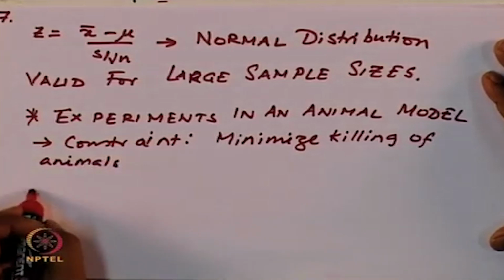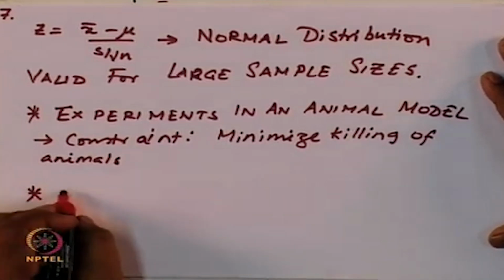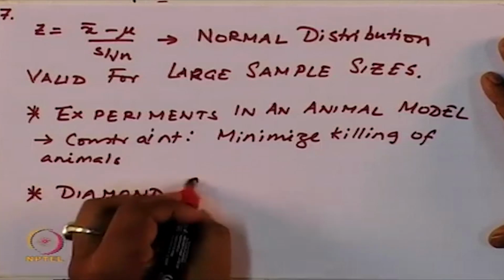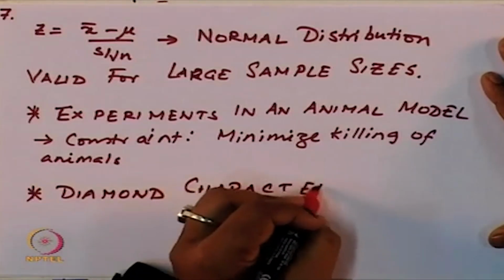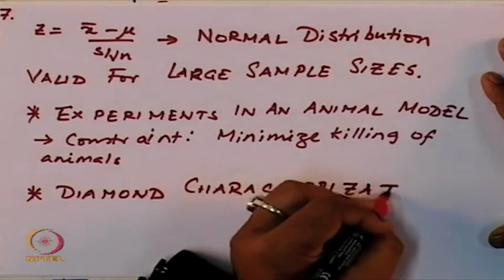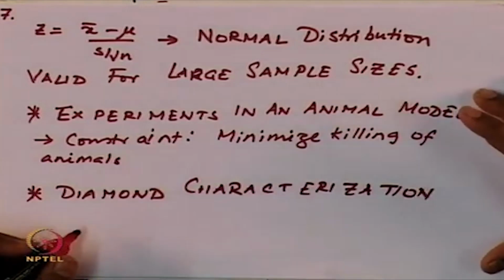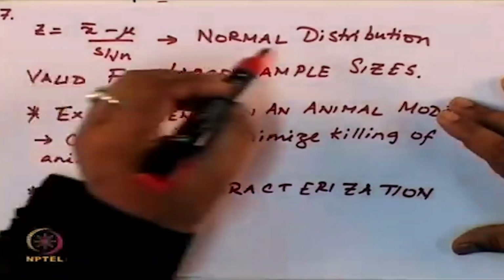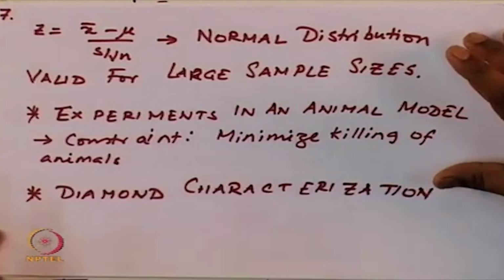Another example is, say, you want to characterize diamond weight, some diamond characterization. Because diamond is expensive, you cannot afford to take a large sample size. So, you are constrained to take a much smaller sample size, because of which your normal distribution assumption may not be valid.